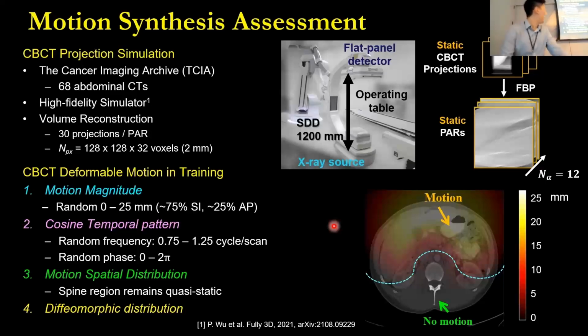Secondly, our motion pattern features a cosine temporal pattern with random frequency and random phase change, which is all under control. And thirdly, as we want a more consistent distribution across different cases, the spine regions were automatically detected and excluded from our motion fields. So, as we can see here, there's minimum motion in our spine region. And finally, the motion vector fields are diffeomorphic in our training data set.